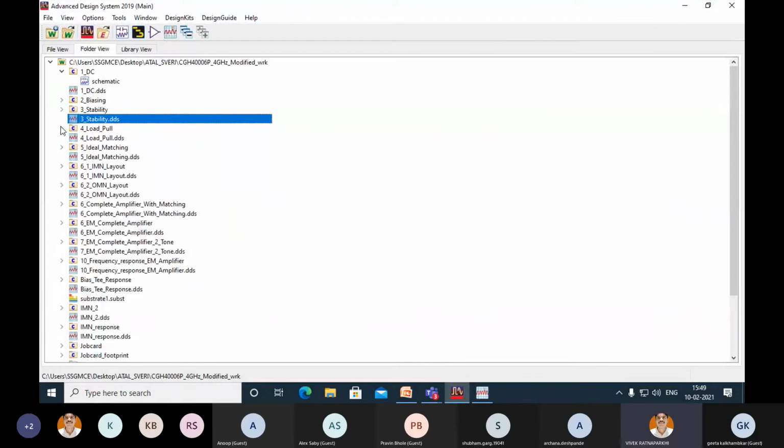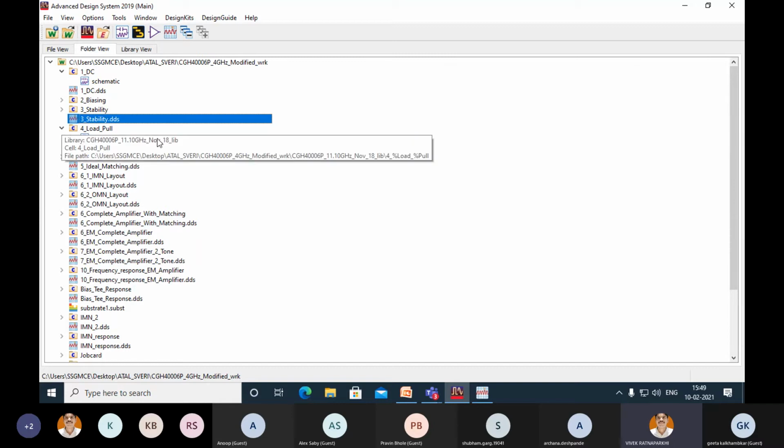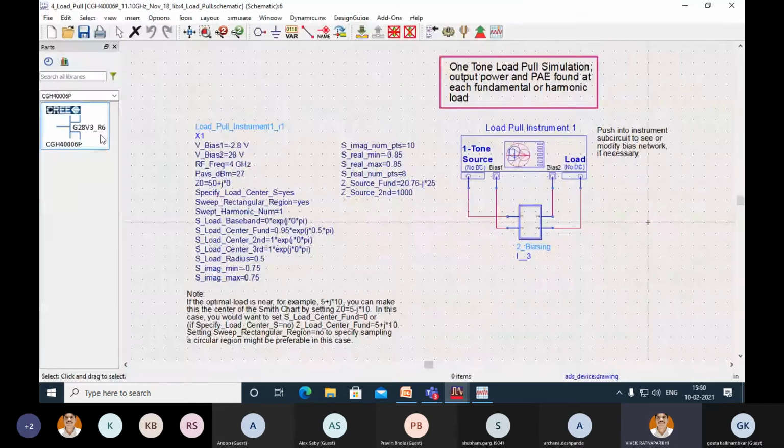Once you have done this, then you have to go and determine the impedance. What we were doing, we were just plotting S11 and S22 on a Smith chart, but that is not sufficient. You have to get the nonlinear model of your transistor, and you have to do the load pull. What is the meaning of load pull? You have to change the load impedance offered to your transistor and analyze what amount of output power you are getting, what power added efficiency you are getting, what large signal gain you are getting, and what your expectations are.